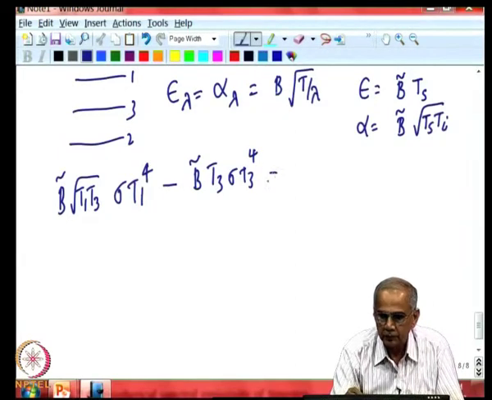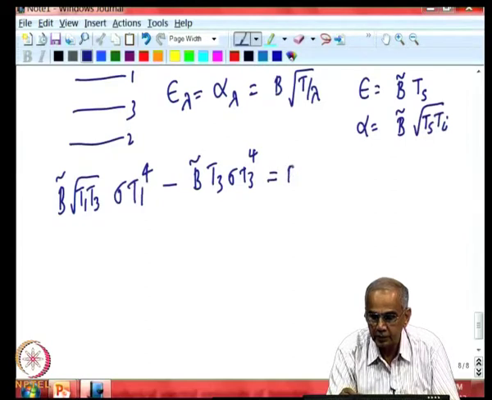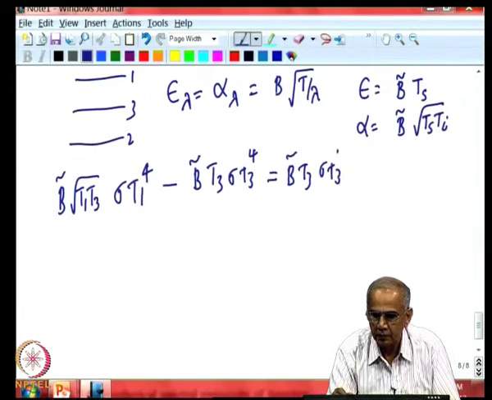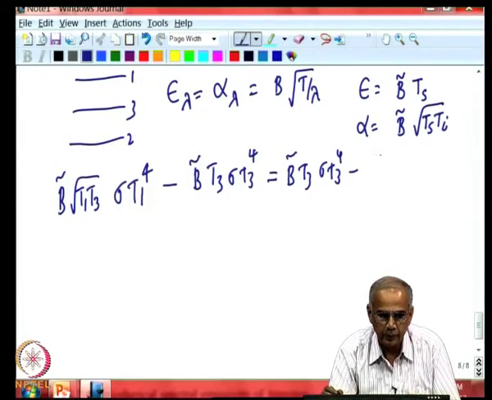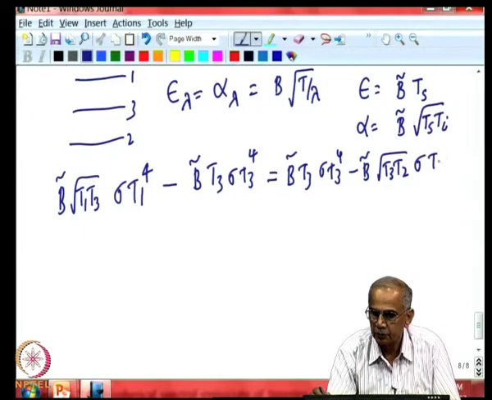This will be equal to, on this side again, what is emitted is only B tilde emissivity times emission. Now, what is absorbed here will depend on B tilde and root T 3 T 2, because these are the two temperatures involved here, and what is emitted is T 2 to the power of 4.